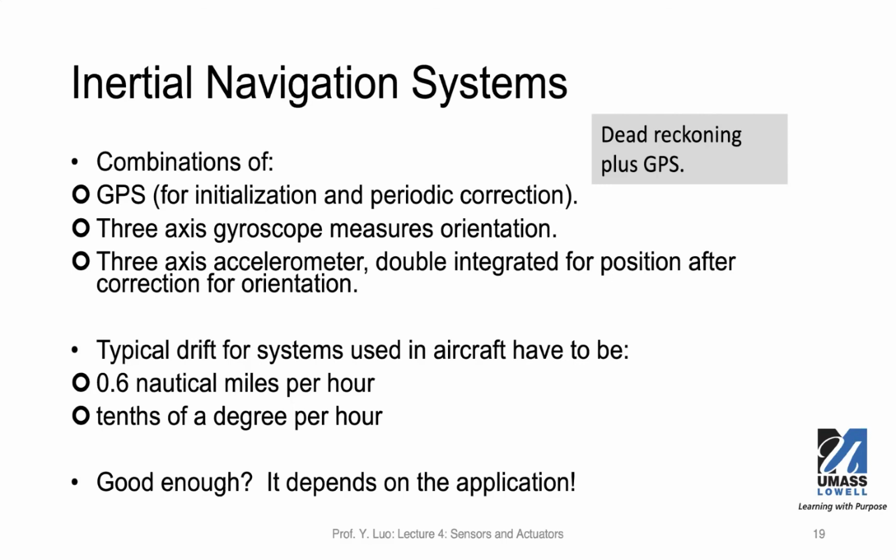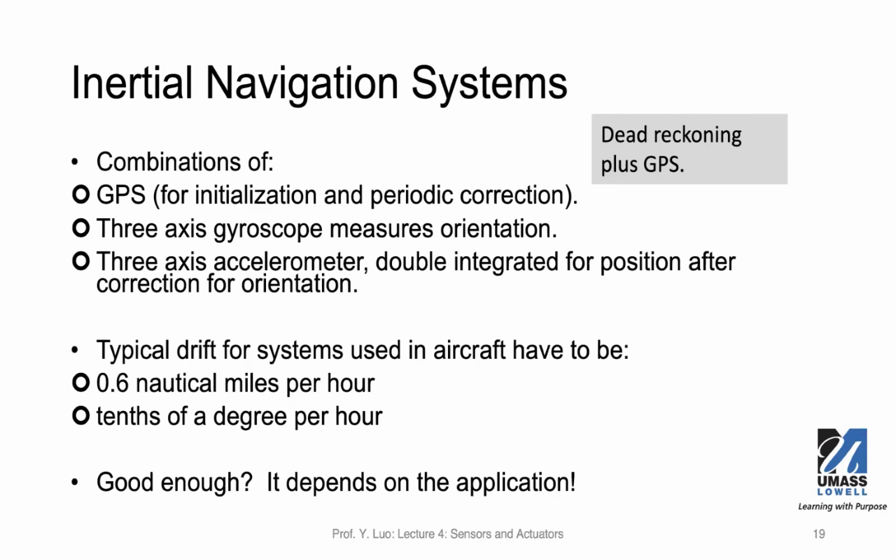The next sensor is the inertial navigation system, or sometimes you see the term IMU, inertial measurement unit. These are combinations of things. The inertial navigation system combines GPS for initialization and some periodic error checking.